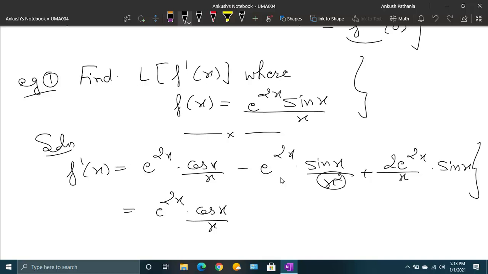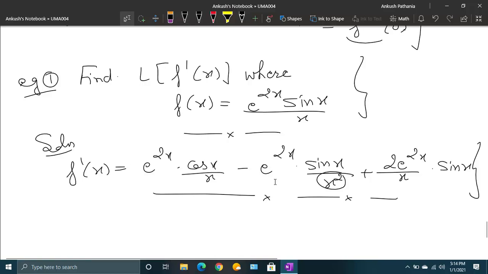Yes, this is fine; you can verify the derivative of f. Now taking the Laplace of this is not going to be an easy task. It is going to be very lengthy.